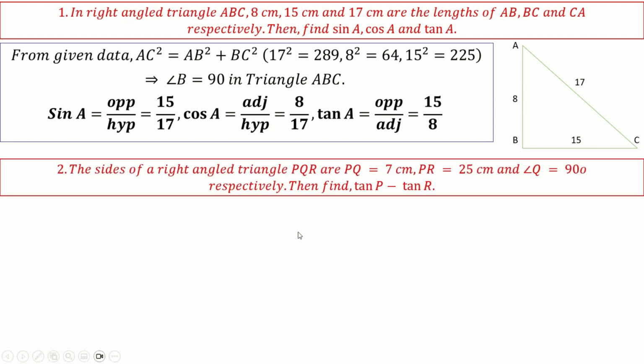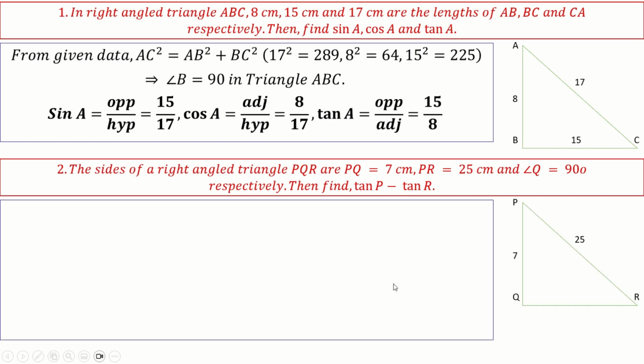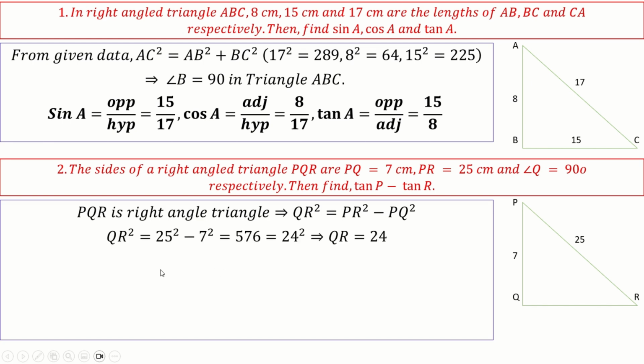Next. The sides of a right angle triangle PQR are PQ 7, PR is 25, and Q is 90 degrees. Find tan P minus tan R. So 7 and 25, this is what is given. You can find the third side using simple Pythagoras principle, which is 24.